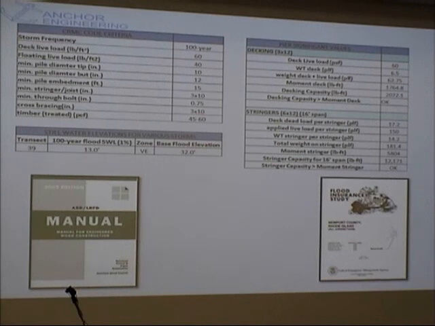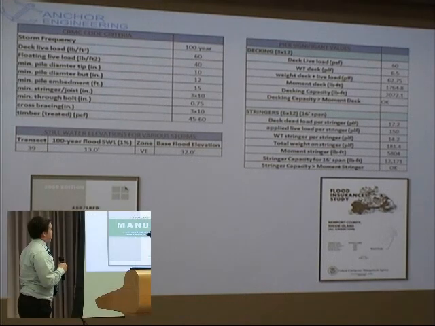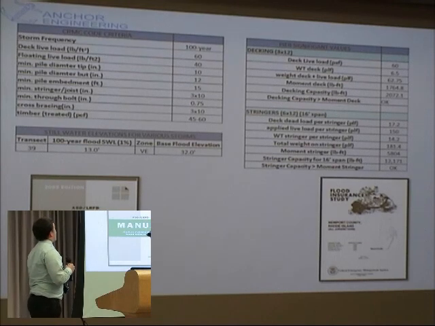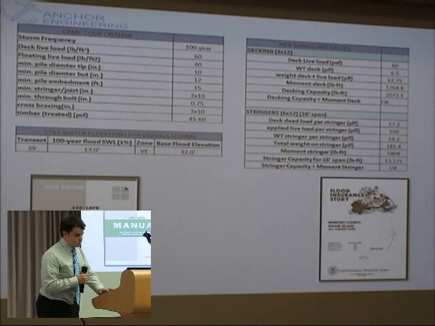I used southern pine for my pier design, and I got the specs from the ASD Wood Manual 2005. Also, I designed the pier to the 100-year flood level, which is going to have a still water level of 13 feet.